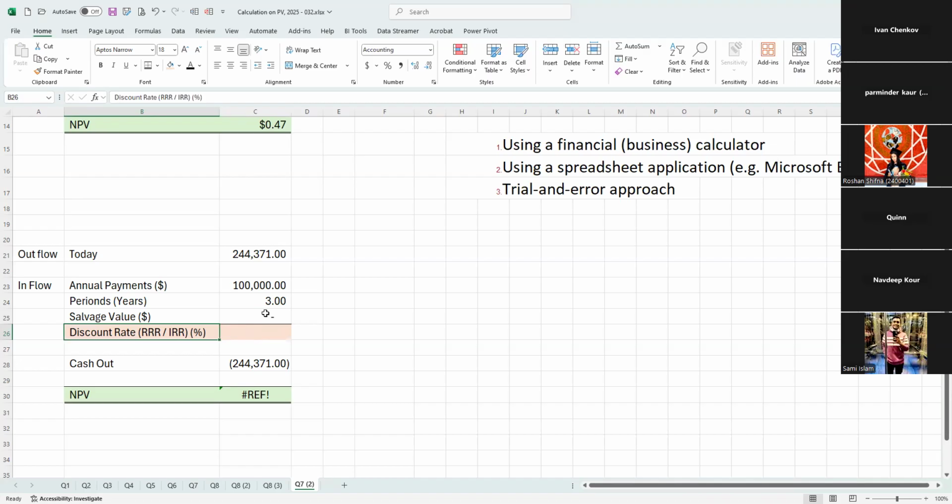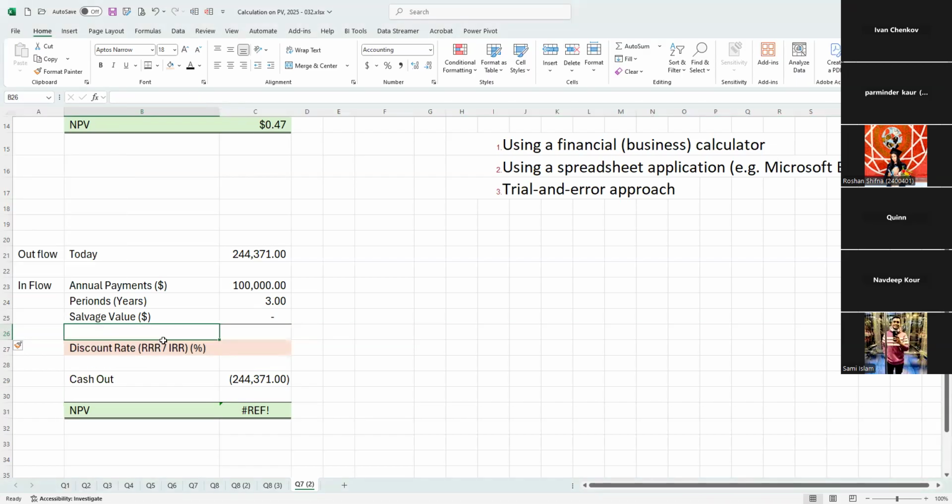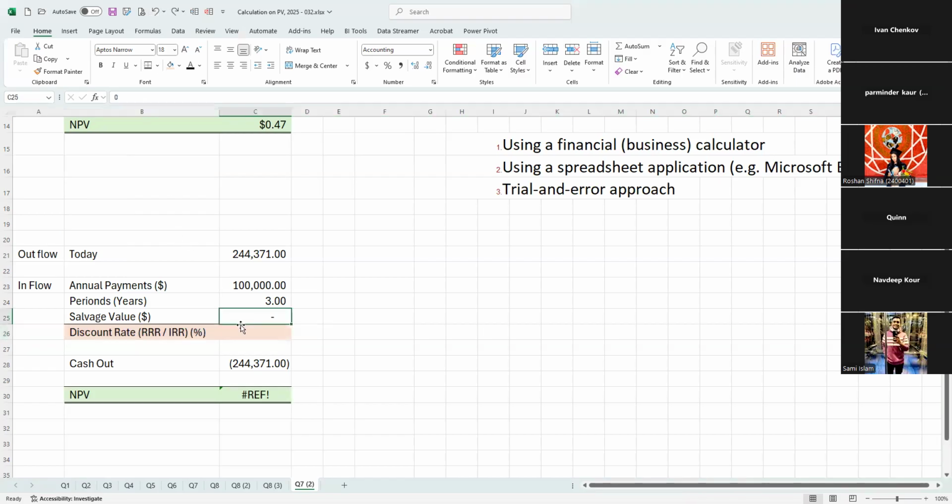Sir, yes. So present value or net present value is not given, right? The present value is not given in this case. But what we have is how much we're spending today, correct? Yes, sir.